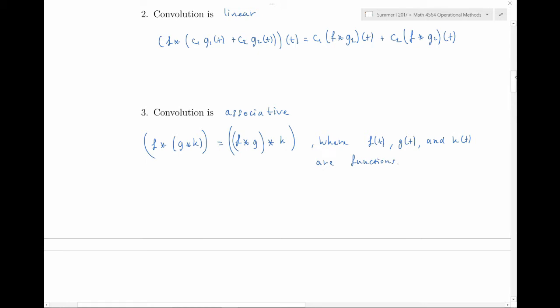The easiest way to prove this property is to employ the convolution theorem, which we're going to cover right on the next page. This property says that if we compute the convolution of several functions, it doesn't really matter in which order we compute the convolution.